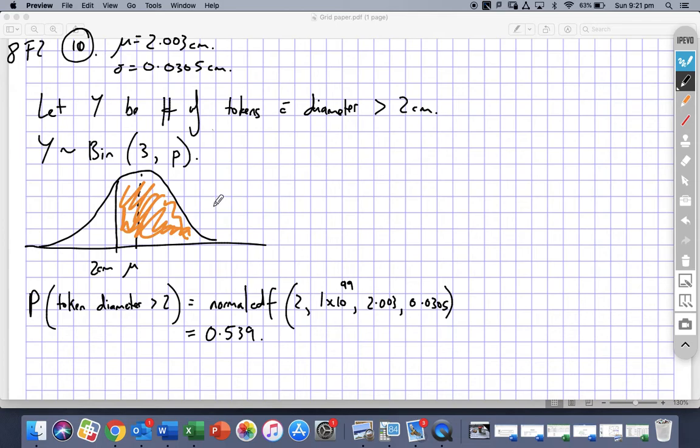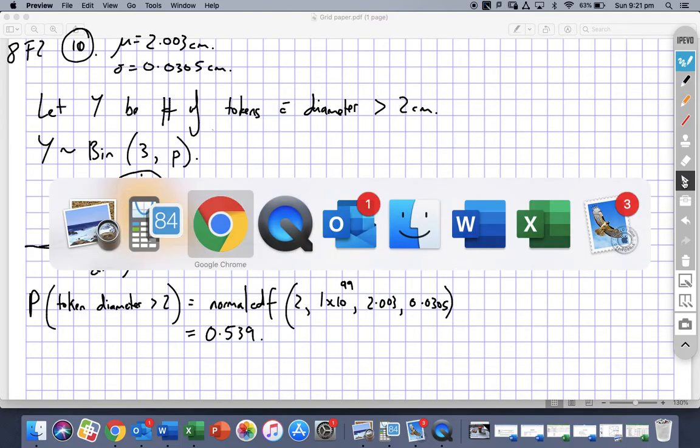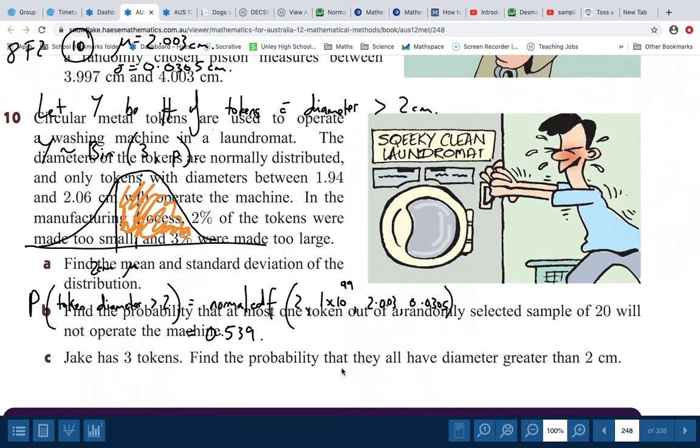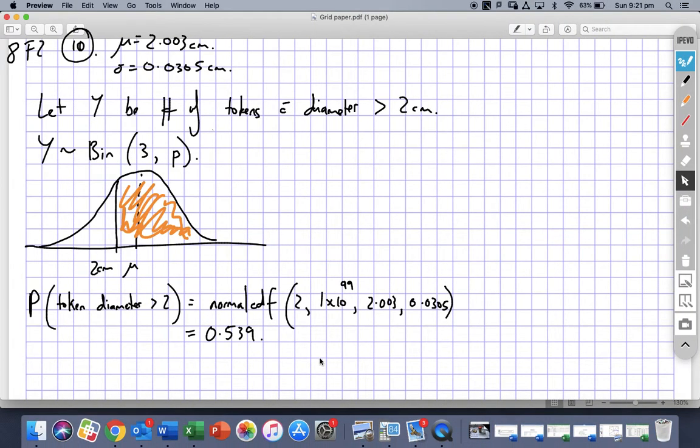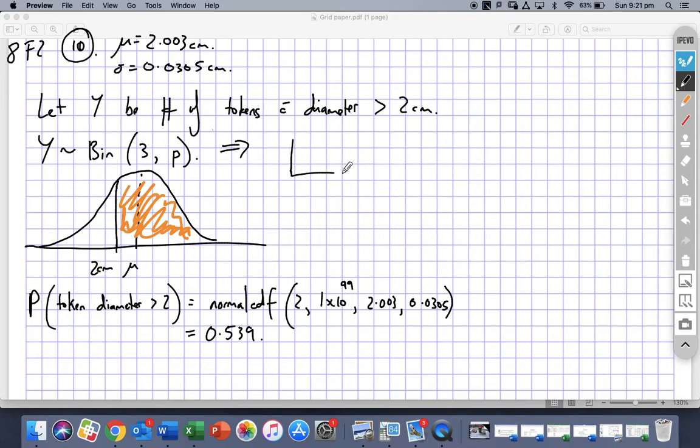So let's think about what Jake wants. Good old Jake. He wants all tokens. Let me just reread this. All tokens have a diameter greater than 2. It's got 3 tokens. Right, well, we could just do that number to the power of 3, couldn't we? We could think about, so coming from here, a situation, right?